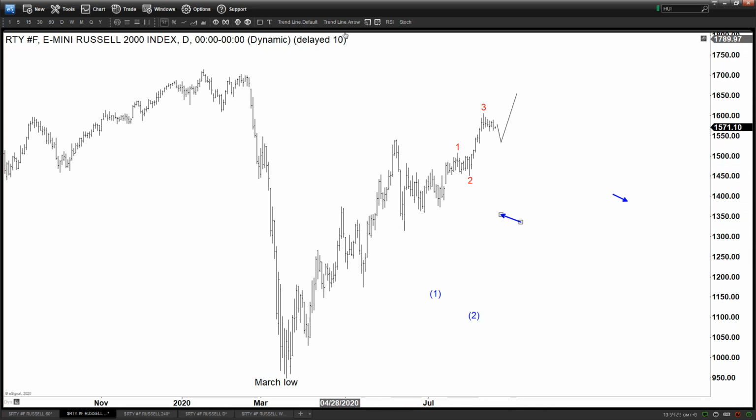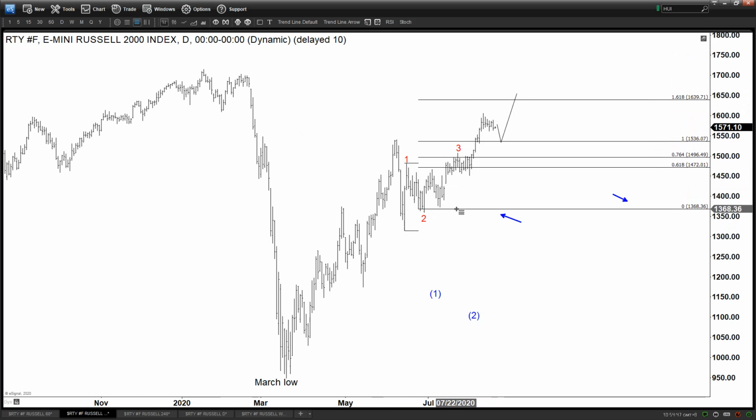Now notice that in what we call a wave 5 here, the subdivision looks incomplete. I guess you can call it 1, 2 if you want, and then a diagonal 3, 4, 5. Let me double check to see if that is even possible here.